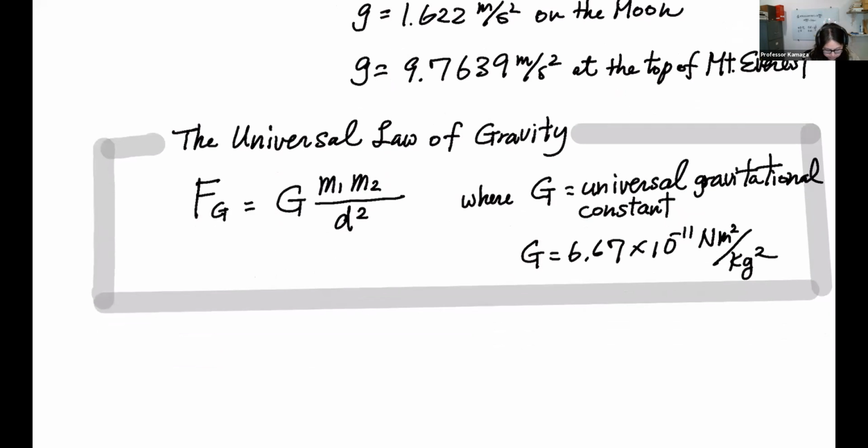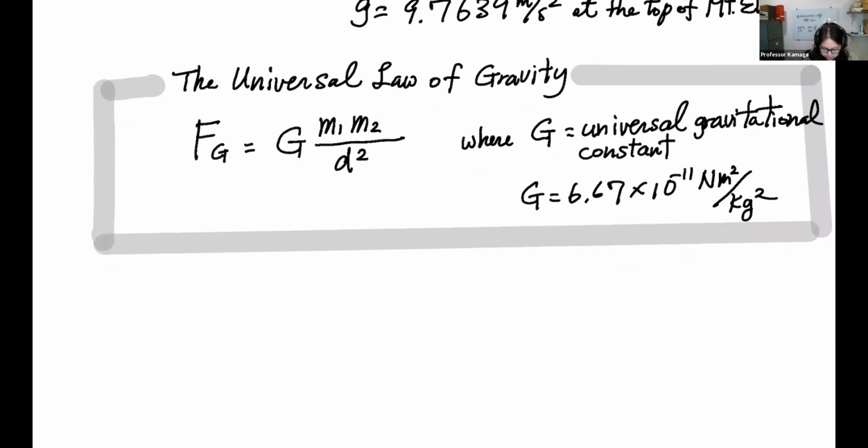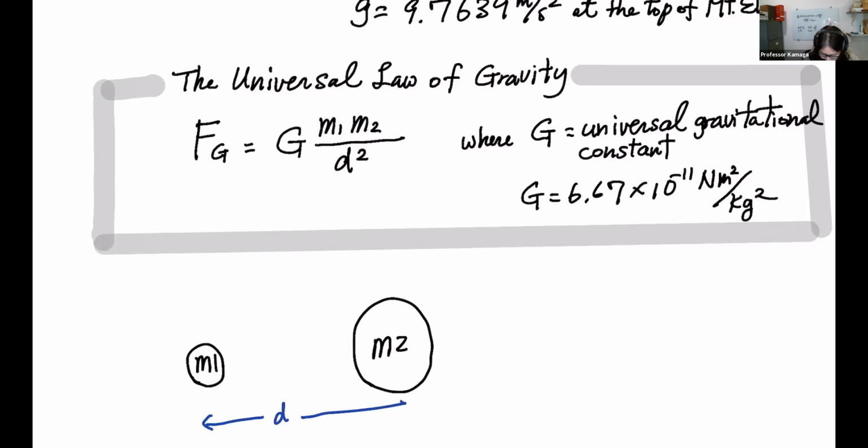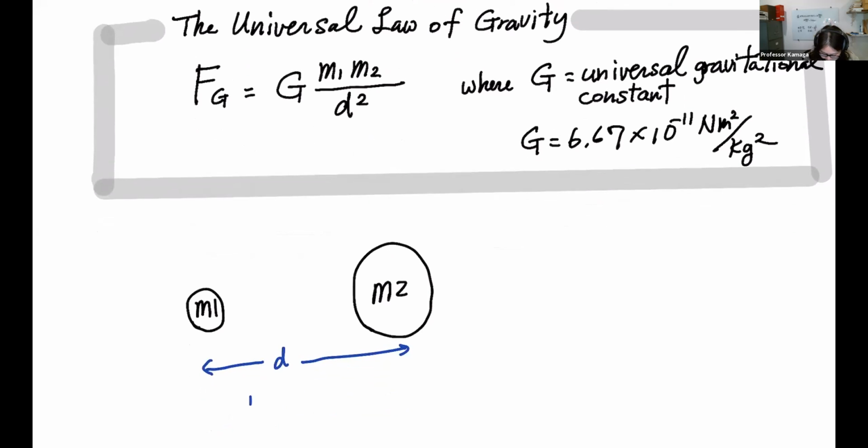So anytime you have one object that has a mass m1, and a second object with mass m2, separated by a distance d, there is going to be a gravitational force due to the masses m1 and m2, and it depends on the inverse distance squared.